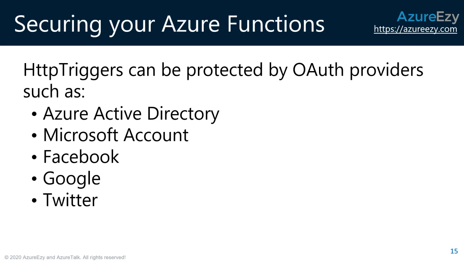So if you set your Azure function's authorization level at function level, then you need to provide your function key, which is kind of a token based mechanism, like if you have used an API anyway.